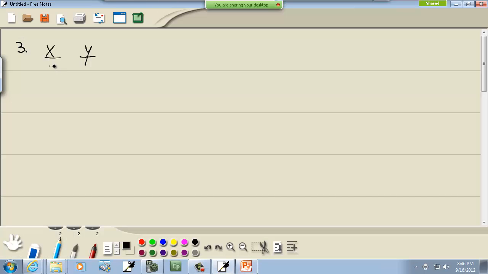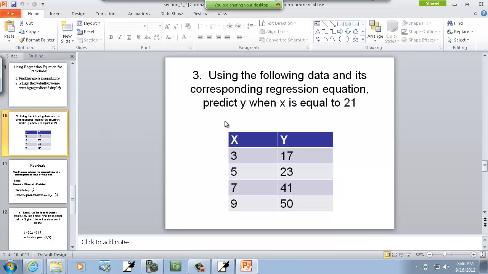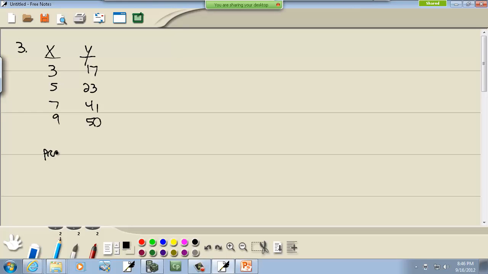X is 3, 5, 7, 9, and y values are 17, 23, 41, and 50. And it says, use the following data and its corresponding regression equation. Predict y when x is equal to 21.